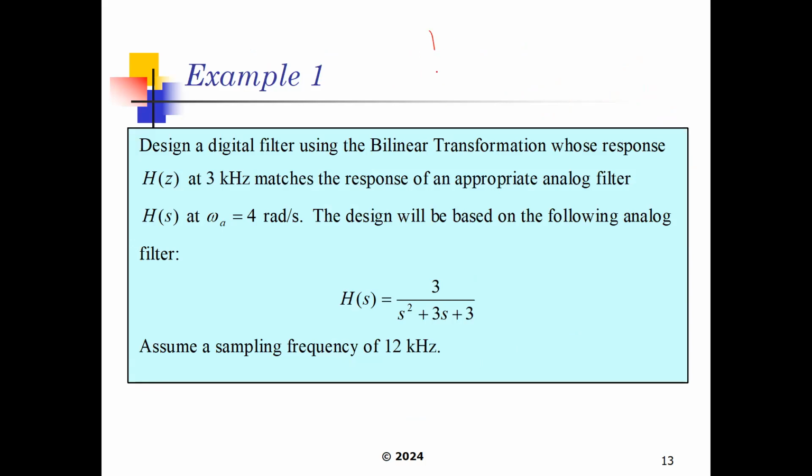So graphically, I have HS, the magnitude of H j omega, whatever this filter is, I'm just drawing it like a low pass. I don't know if it really is one.